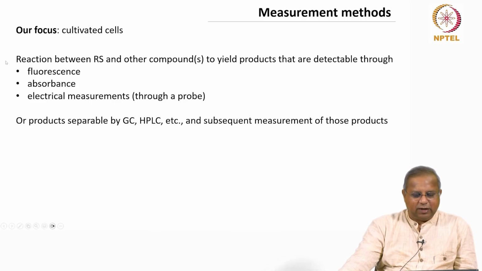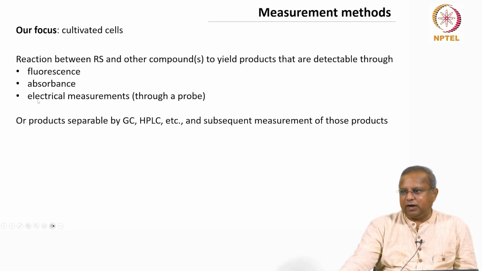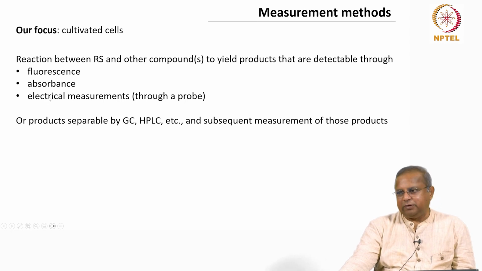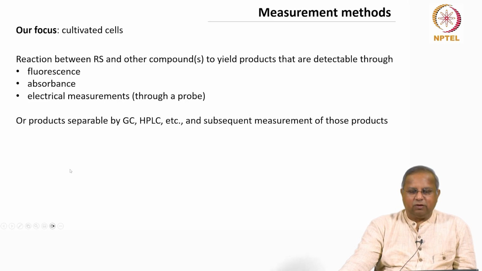Coming back to our reactive species, we heavily use fluorescence. When we started out in 96, we used something called electron paramagnetic resonance to measure the reactive species concentrations, and thereby find out the levels. It's still the gold standard, by the way.